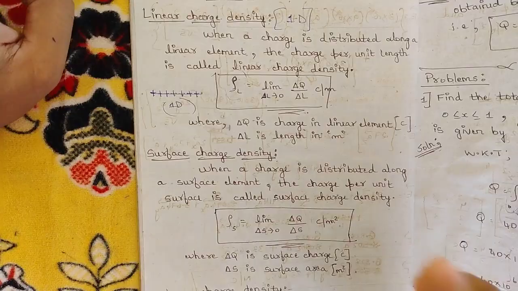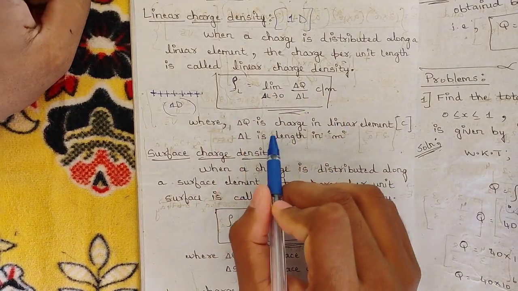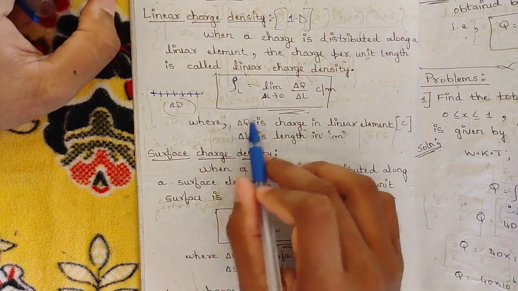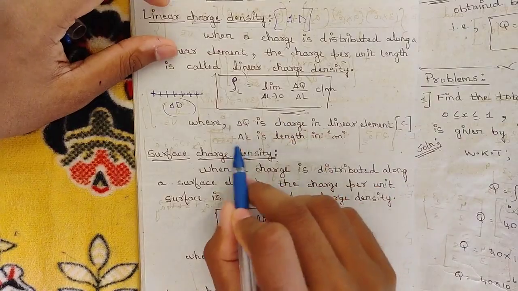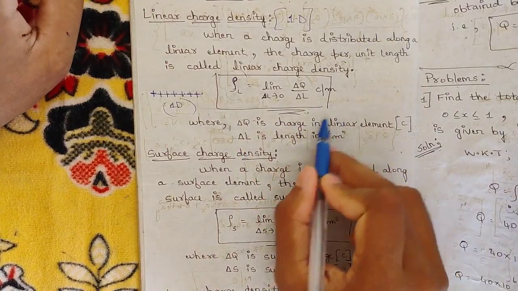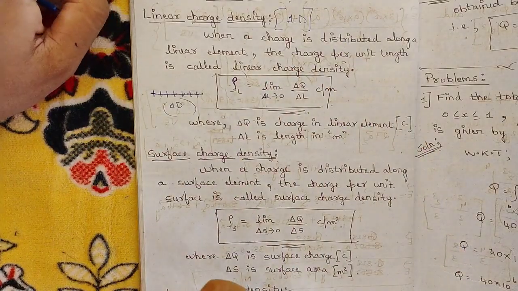This is the formula for linear charge density, where delta Q is the change in charge in the linear element, given in coulombs, and delta L is the change in length, given in meters. So this was about linear charge density.